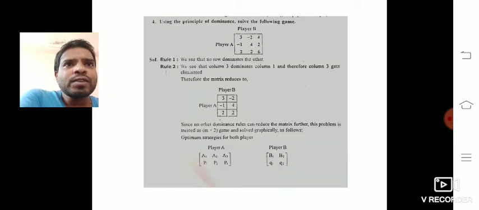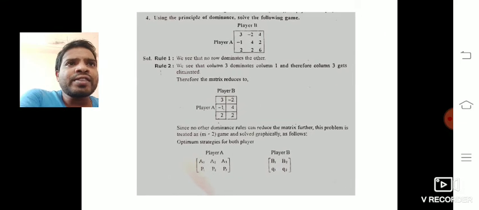Now comes the next problem. We have 3 columns and 3 rows, player B and player A. The third column dominates column 1, so delete the dominated column; we have deleted the third column.